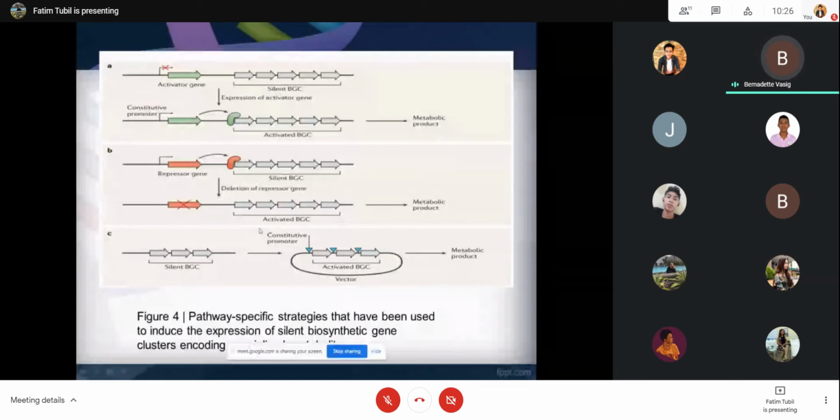Deletion of the repressor gene will allow expression of the biosynthetic gene cluster. Oh yes, ma'am. Okay, go on.